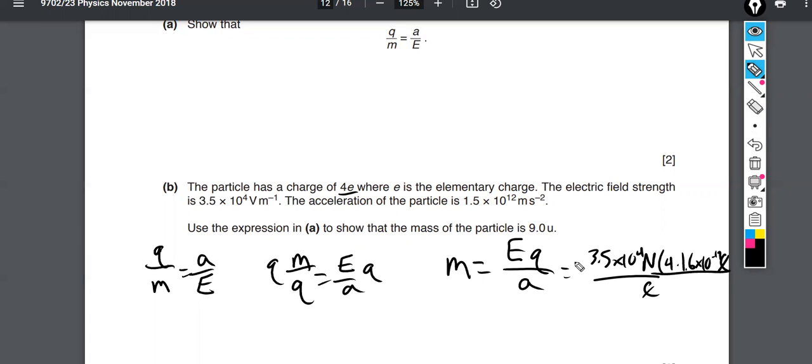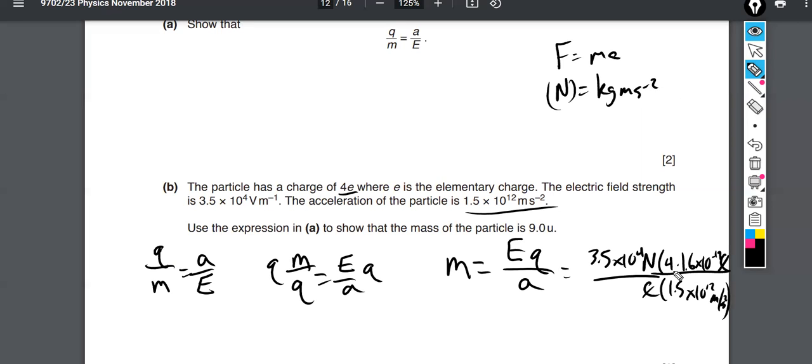And then the acceleration down here, given 1.5 by 10 to the 12 meters per second squared. So we have a Newton per meter per second squared. You may recall that a Newton of force is a kilogram meter per second squared of acceleration. And so the meters per second squared would cancel. We'd just be left with kilograms of mass, if we consider the units there.